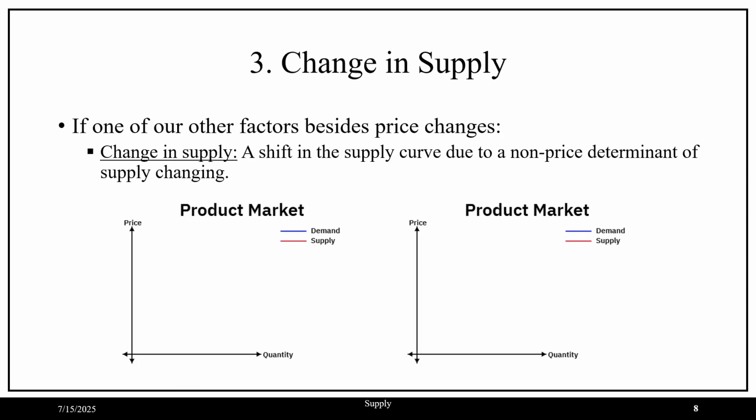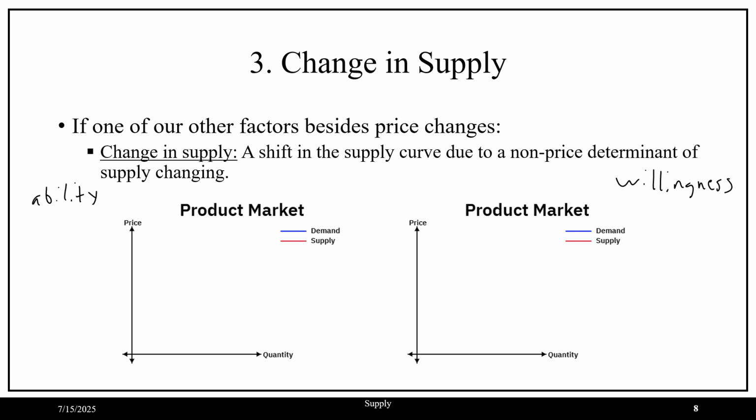Okay, the last thing that we want to talk about is a change in supply. This is going to be a shift in the supply curve due to something other than price changing, where, like what we did with demand, I'm going to give us an example of ability and willingness. We have our three factors. If price changes, that's a change in quantity supplied.